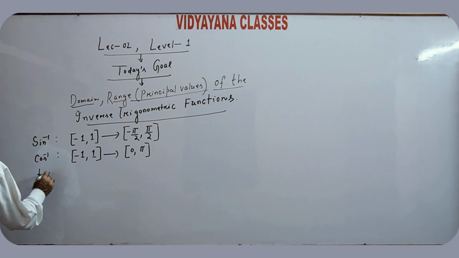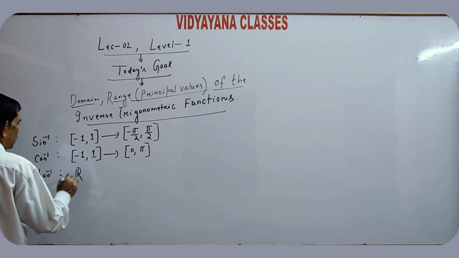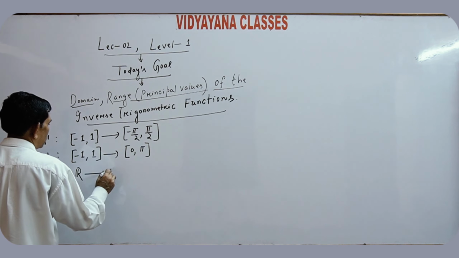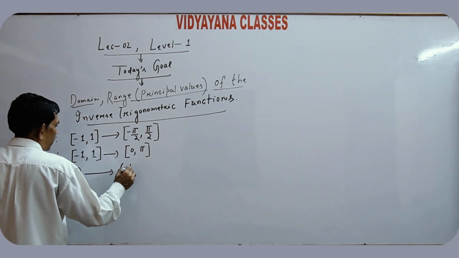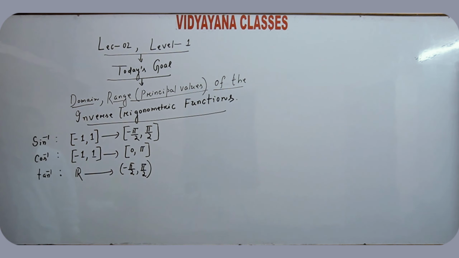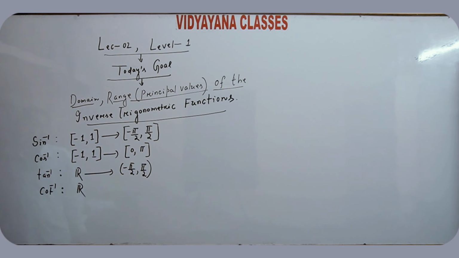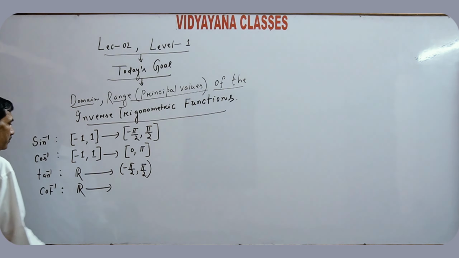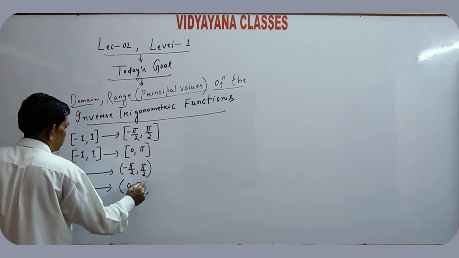And tan inverse is defined from the set of real numbers to open bracket minus pi by 2, pi by 2, open bracket. Cot inverse is defined from the set of real numbers to open bracket 0, pi, open bracket.